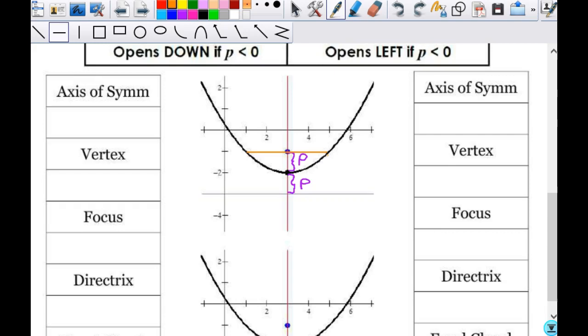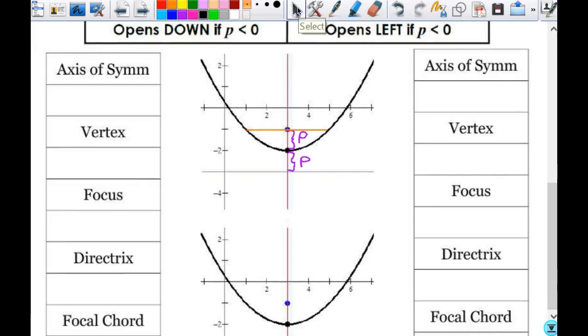It's going to help us get some points without having to do a T-chart. This orange section from the focus to the parabola, this length is 2P, and this length is 2P. So what's the whole length of the segment? 4P.